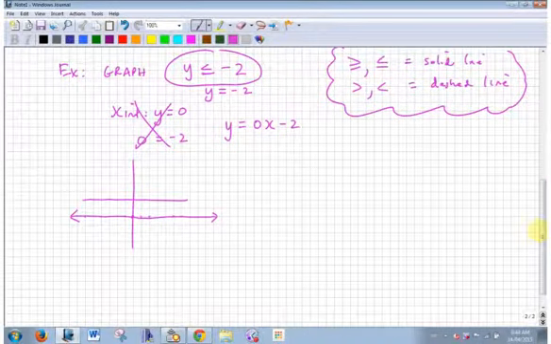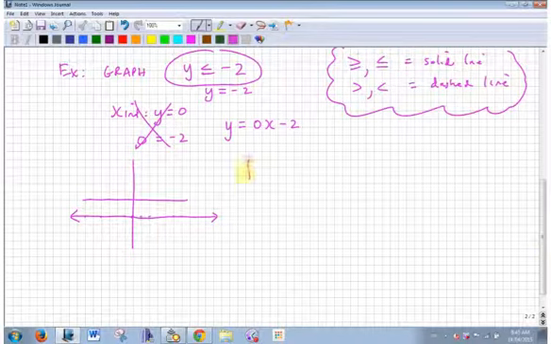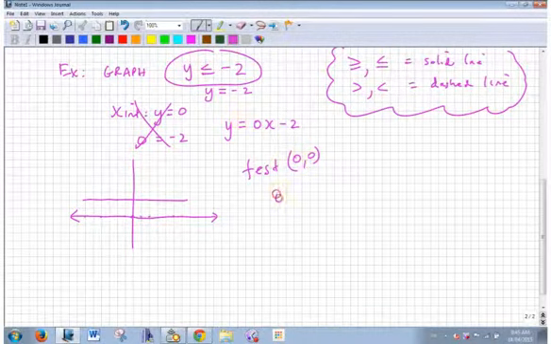If this was grade 10, that's where I'd end, but I don't because it's grade 11. I got to shade a side. Can I use my 0, 0 test point? Well, why not? So I'm going to substitute x is 0 and y is 0. There is no x, but I can substitute a y.